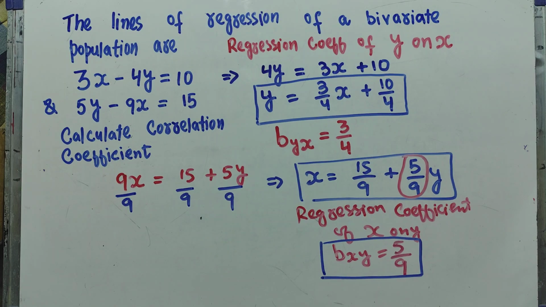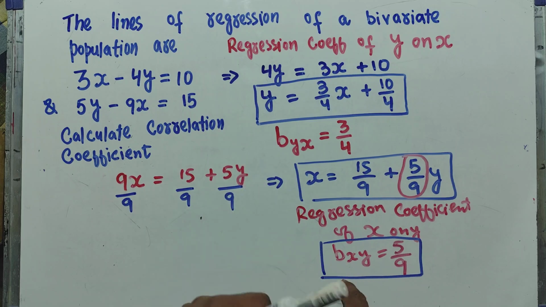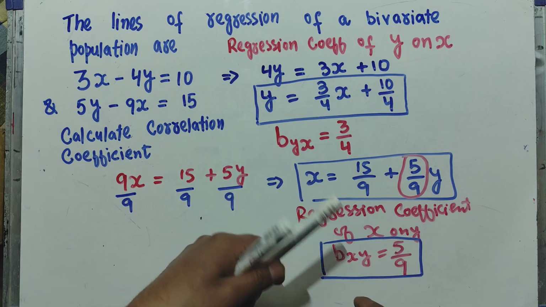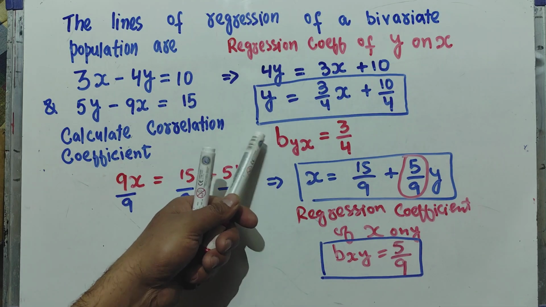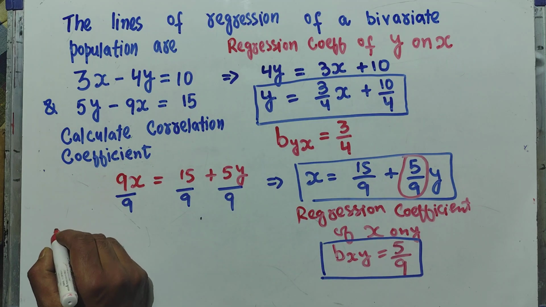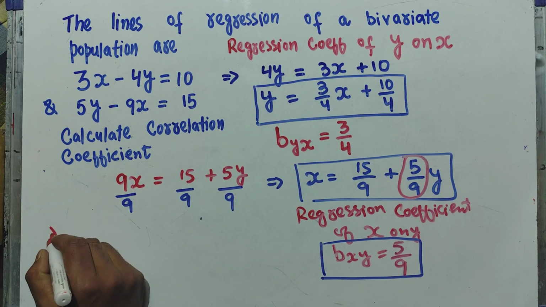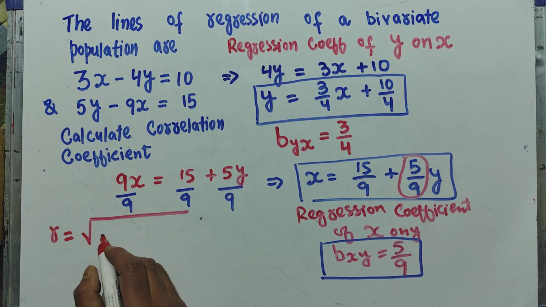Now what is the correlation coefficient? Another property is that the regression coefficients should have the same sign. If one is positive, another should be positive. If one is negative, another should be negative. They cannot have different signs. Why? Because we know that the correlation coefficient is the geometric mean of the regression coefficients.